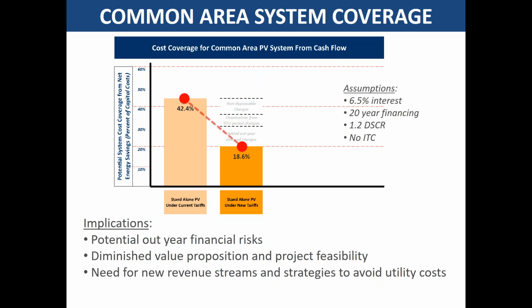And there's some implications of this. Not only do they pose some out-year project risk and diminish the value proposition for the property owner, but just in terms of project feasibility, new revenue streams or strategies might be needed to really make these projects pencil.